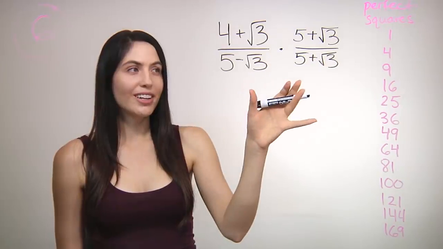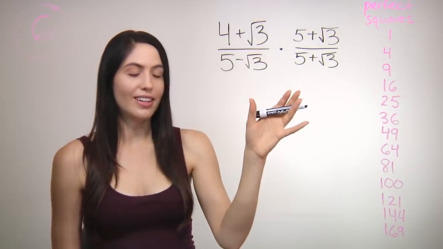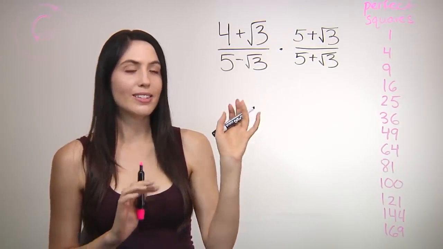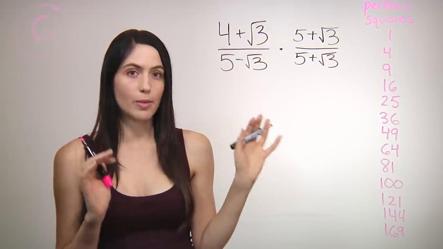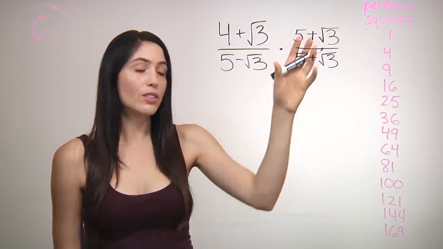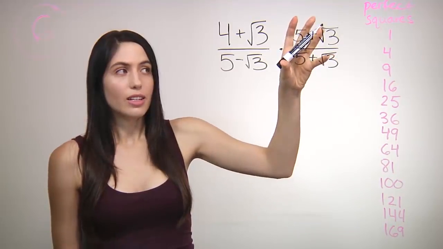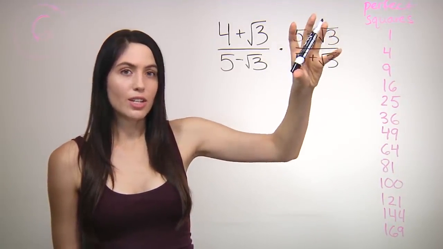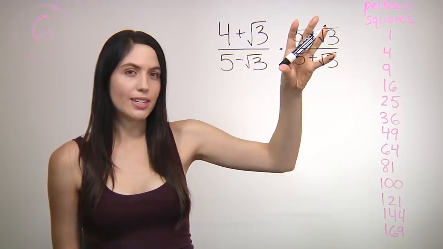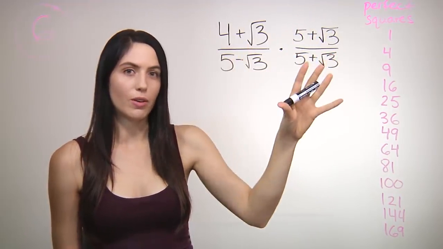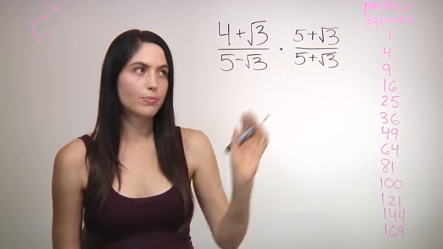This looks really weird, but it will help you simplify, and it is the only way. It is the trick to get this into simplest form. The reason you can do that is because this is just equal to 1 here, so it doesn't change the overall value of this radical expression.